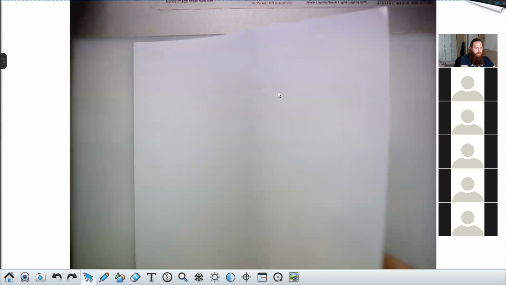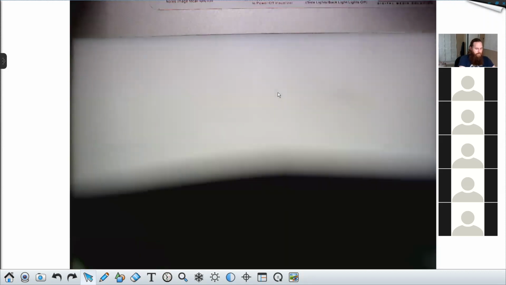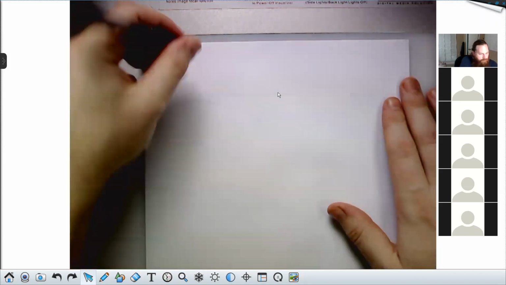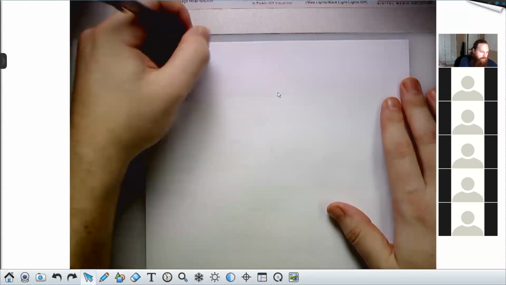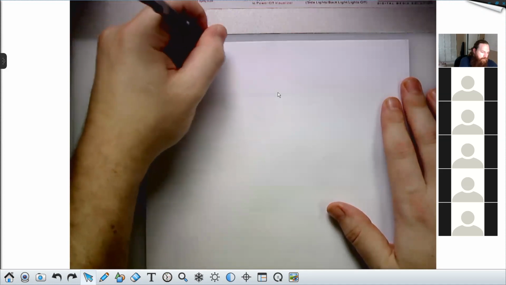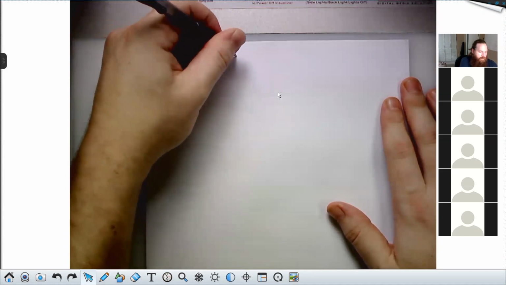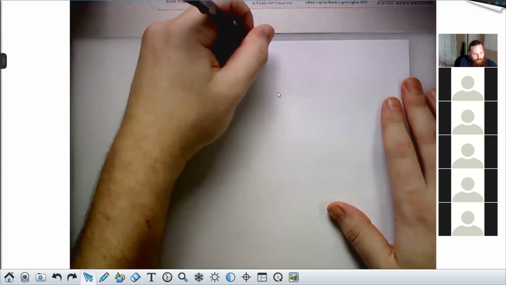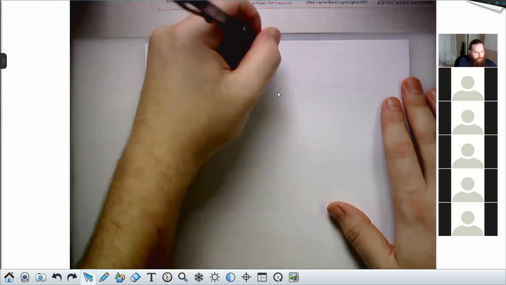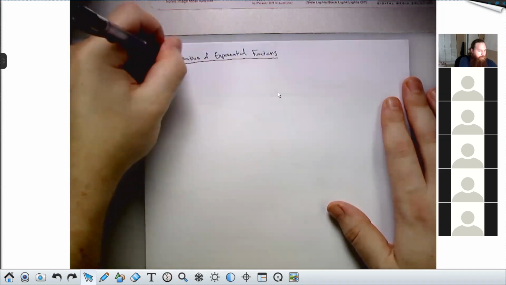So the next thing I want to do, something we haven't touched yet, is explore derivatives of exponential functions. Which means we're going to run into that number e.